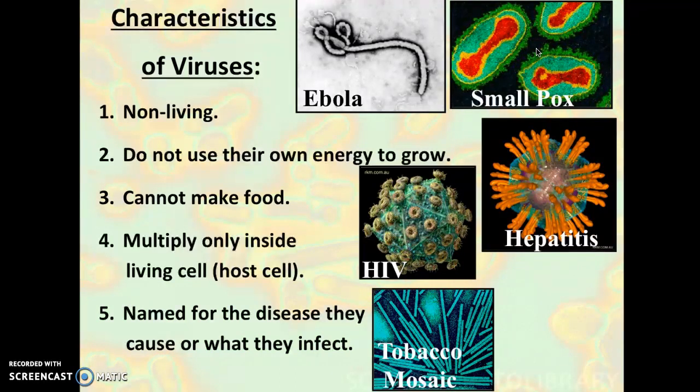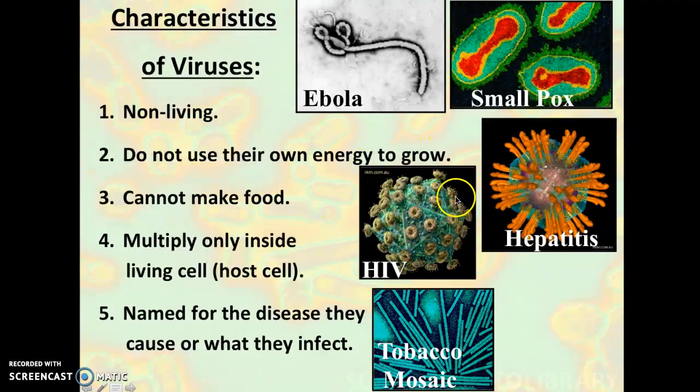A virus is named for the disease they cause or what they infect. All right, so these are some common viruses you may have heard of here on the right-hand side. You may have heard of the Ebola virus. Smallpox is a very common one. Hepatitis has 3 different strains, A, B, and C. HIV, you've probably talked a little bit about in health class.